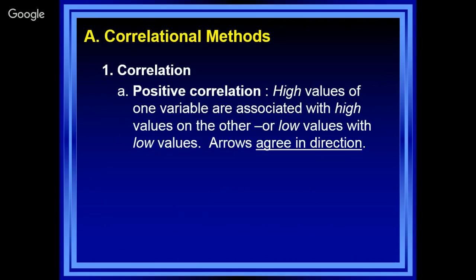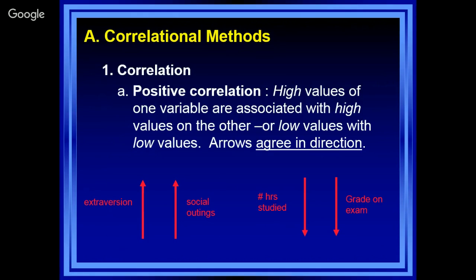High with high, or low values of one variable are associated with low values on the other. Low with low. They agree. So I recommend you assign arrows, by the way, and when you do, you'll notice that if they're positively correlated, arrows agree in direction.